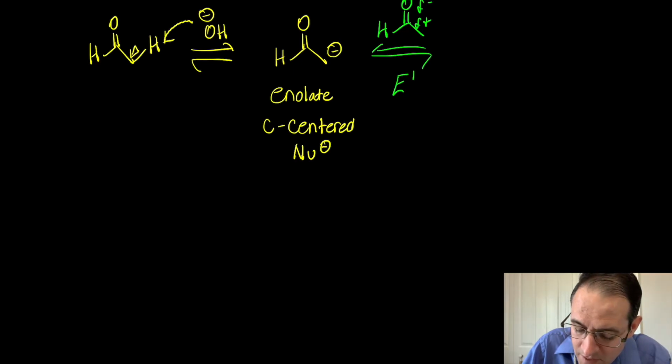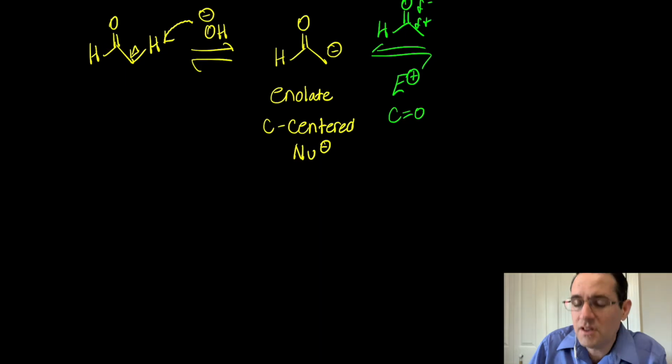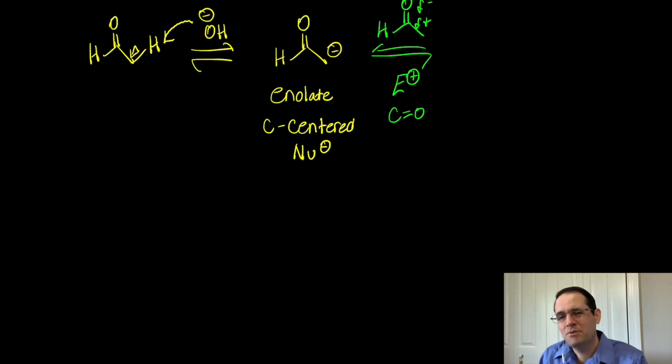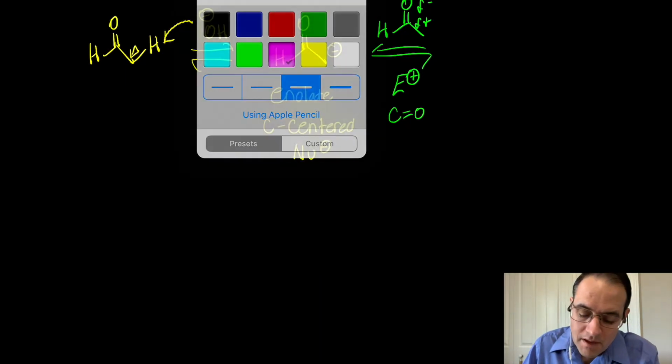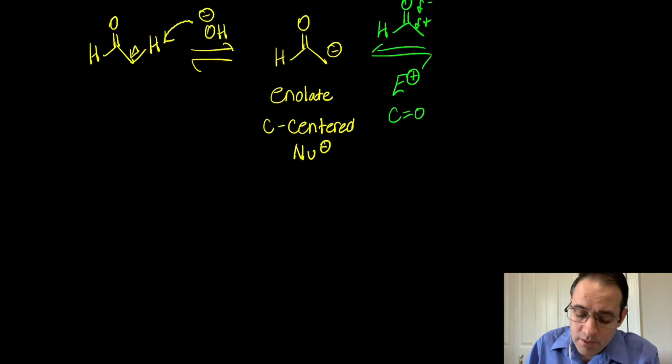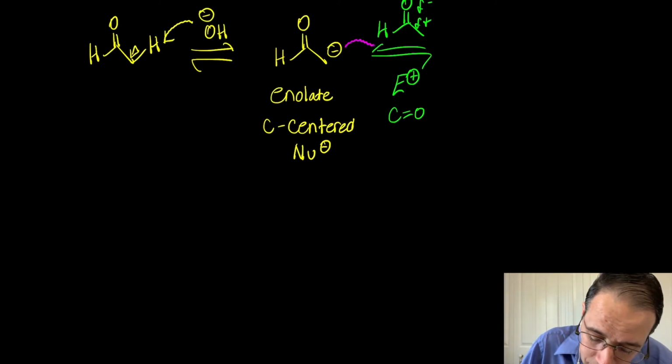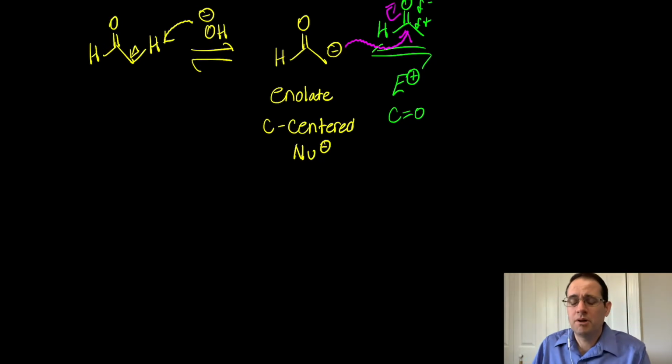Remember that the C=O is susceptible to nucleophilic attack. So let's draw the arrows in here for this step. The negative charge on this carbon attacks the carbonyl, and the electrons swoop up to the oxygen.